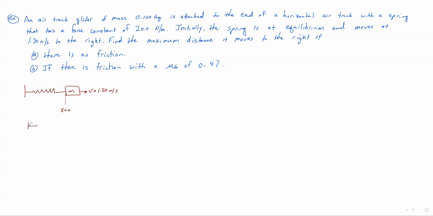Then it stretches, and at this point it stretches to its maximum. What we don't know is the distance, so we can say that at this point it's just some distance d. So here, xf is going to be d.